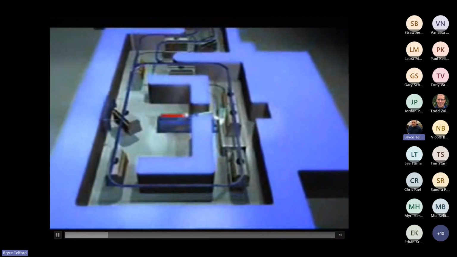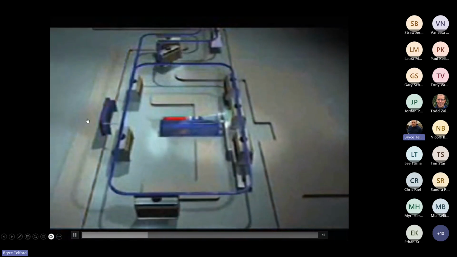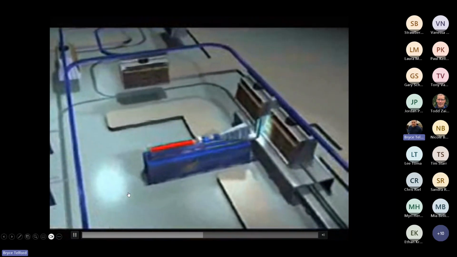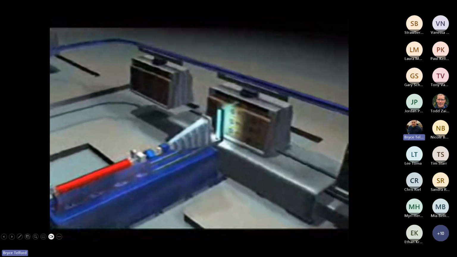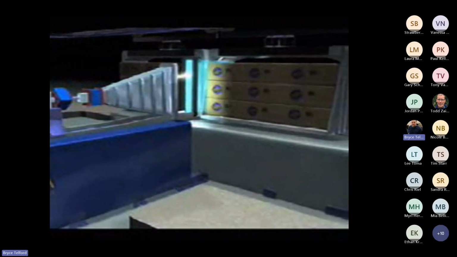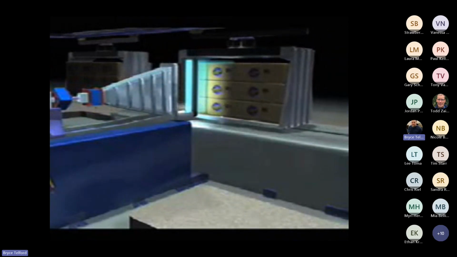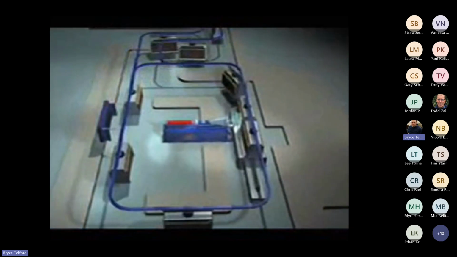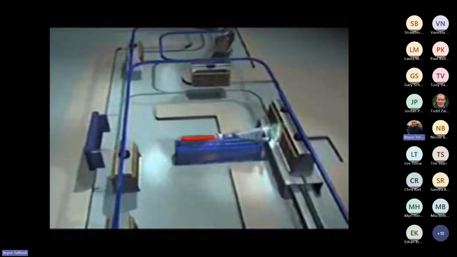You'll also notice that the carriers are much smaller. And on the left side of the screen, you'll notice that the product is being turned. A lot of times we do what we refer to as a double pass for electron beam. It'll go through one time, receive half its dose, get turned around, and then go through and receive the second half of its dose.